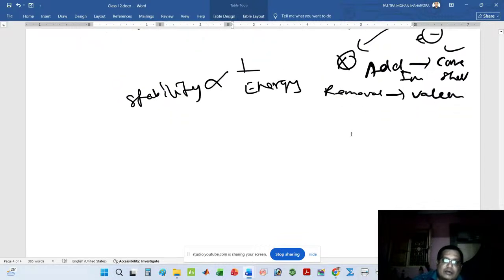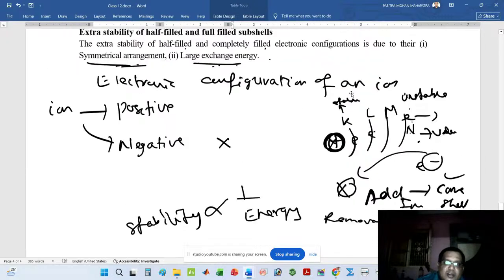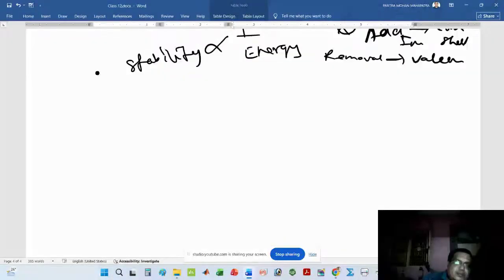Let me explain the electronic configuration of ions. We are talking about the first ion, suppose O2 minus. Before going to the electronic configuration of any ion, whether positive or negative, at first draw the normal atom.